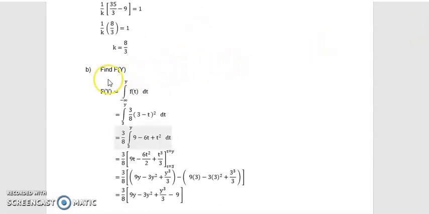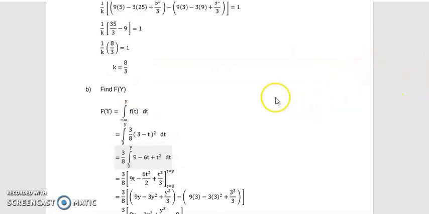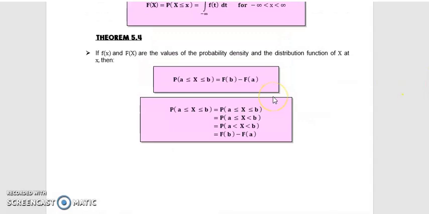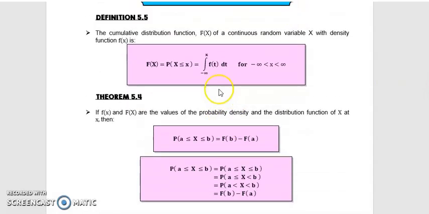Okay, question B: find F(y). Capital F here is the cumulative distribution. For continuous variables, how do we find it? Let's go back to the definition. The cumulative distribution of a continuous random variable is found by integrating from the lower limit to x.